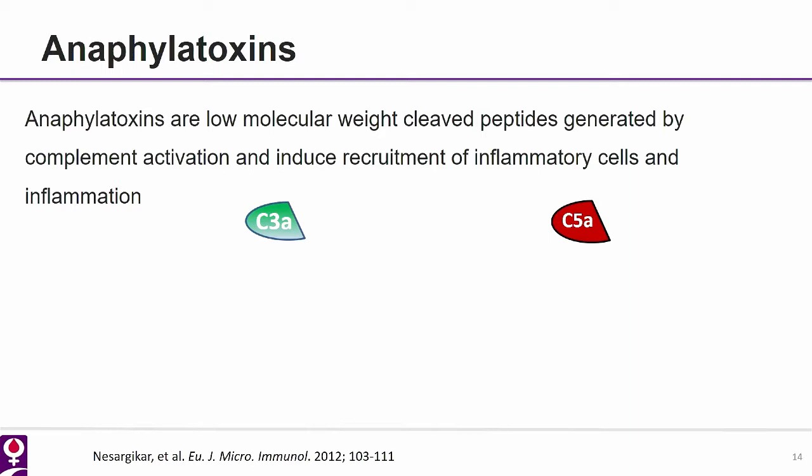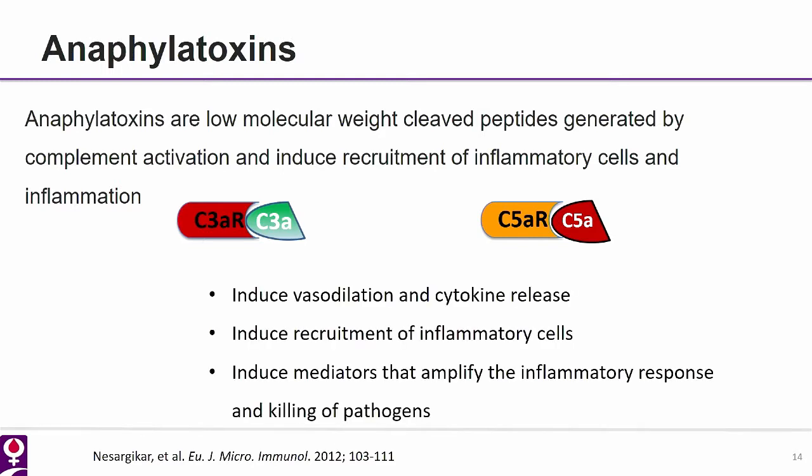These two, C3a and C5a, are important anaphylatoxins which bind to their respective receptors, C3a receptor and C5a receptor. Binding of these anaphylatoxins to the receptors leads to vasodilation and cytokine release, and this induces the recruitment of inflammatory cells and amplifies the inflammatory response to kill the pathogens. So these are very important to kill pathogens.